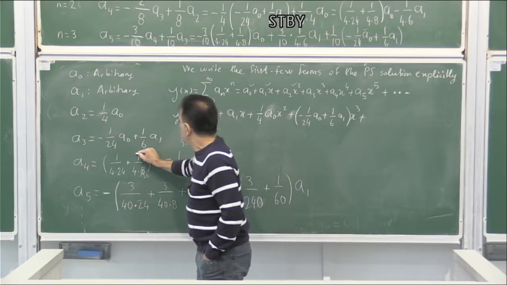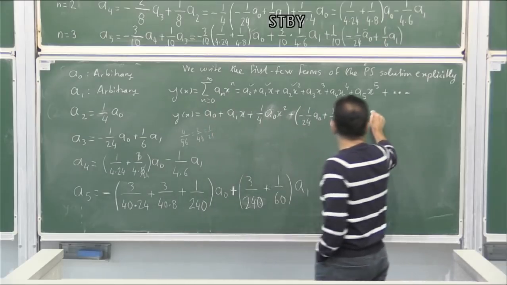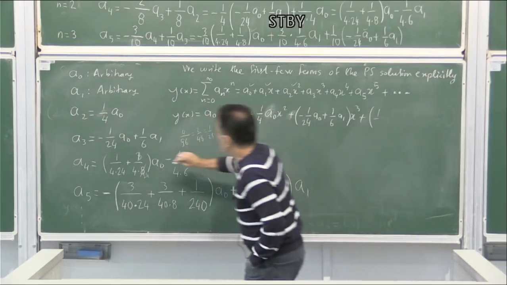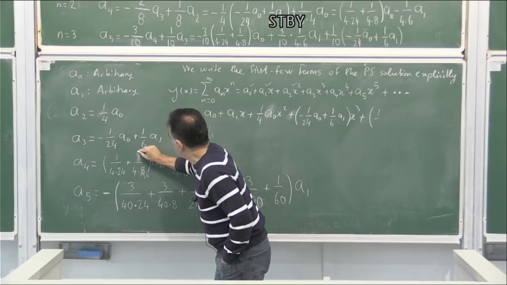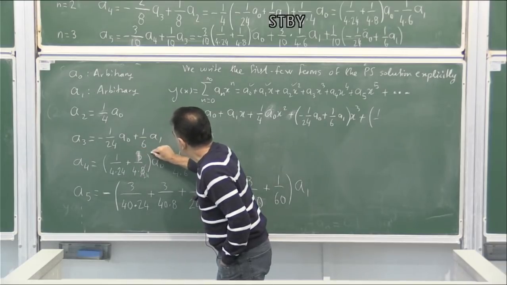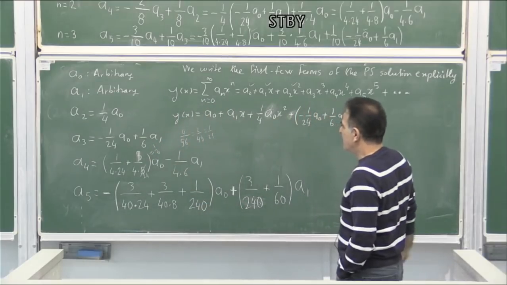So 3 plus 4 over 24 is 1 over 6. I guess this is 1/6. Is it true?